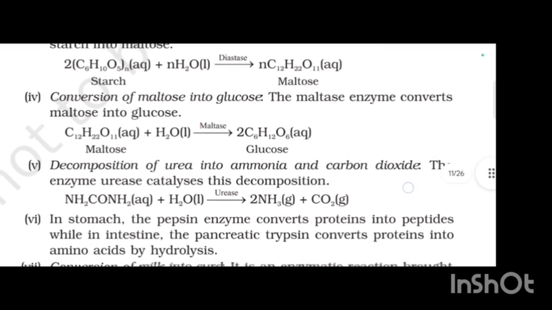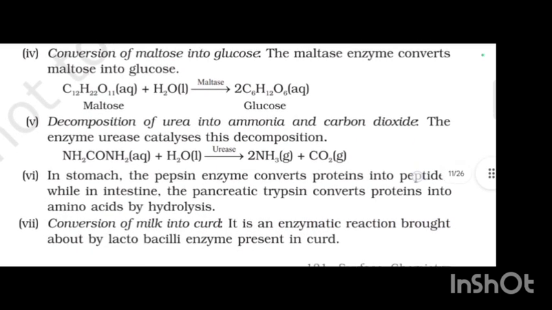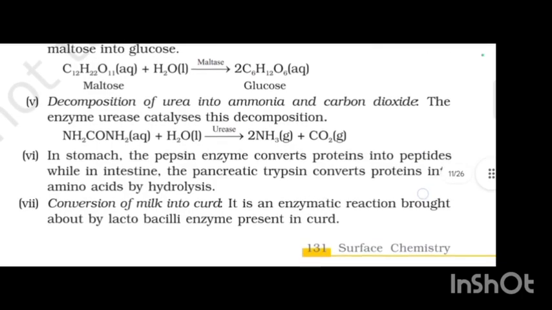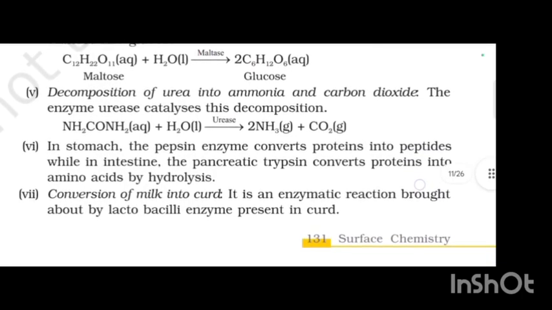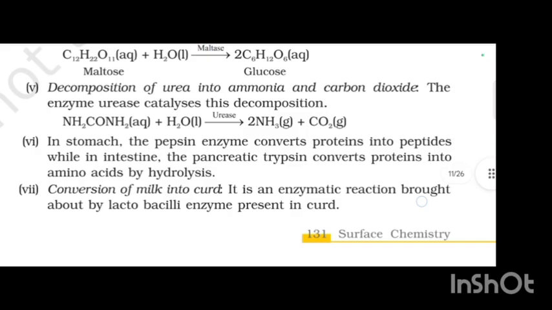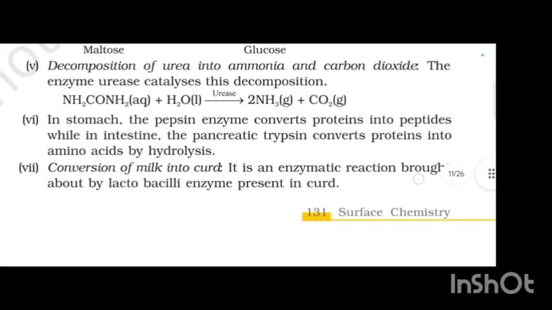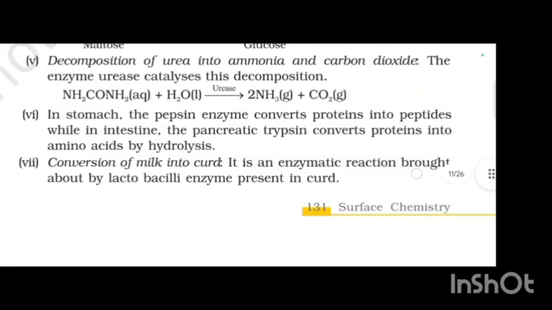The maltase enzyme converts maltose into glucose. C12H22O11 aqueous maltose plus H2O liquid in presence of maltase gives 2C6H12O6 aqueous glucose. Fifth, decomposition of urea into ammonia and carbon dioxide.